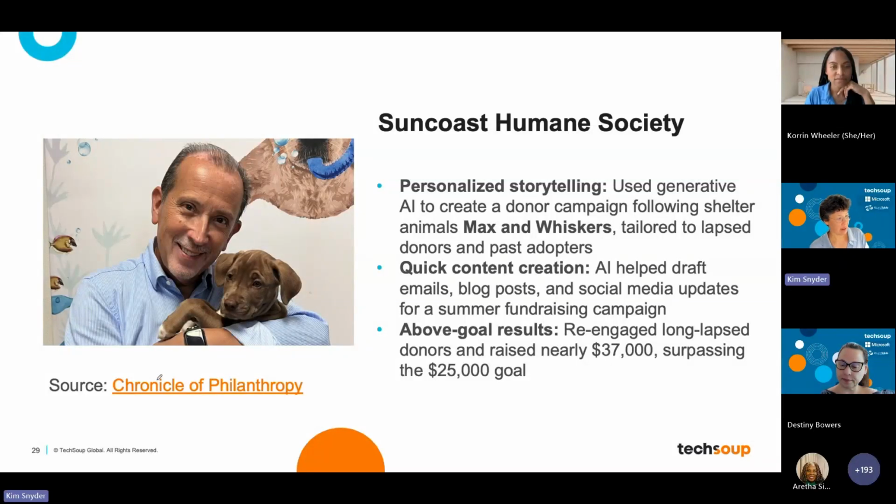All right, so this is one that I like a lot. I am a dog and cat person, more cat than dog, but the Suncoast Humane Society kind of created these animal characters, Max and Whiskers, and this was part of a campaign to reach out to donors who were lapsed or people who had adopted from them in the past. And so they used generative AI to quickly create a bunch of different kinds of emails, blog posts, and social media updates for this fundraising campaign.